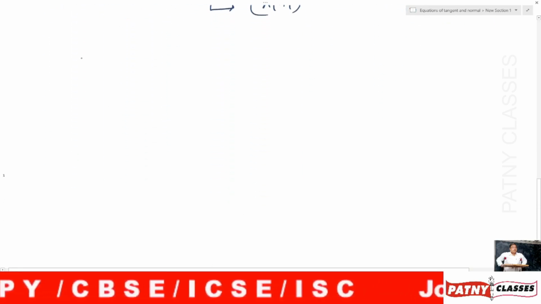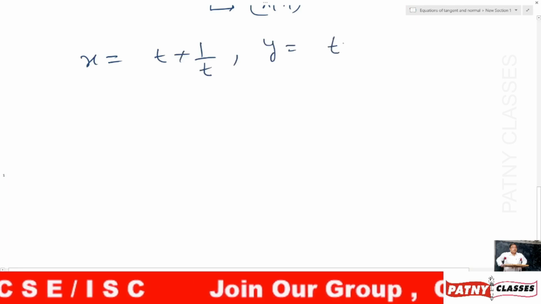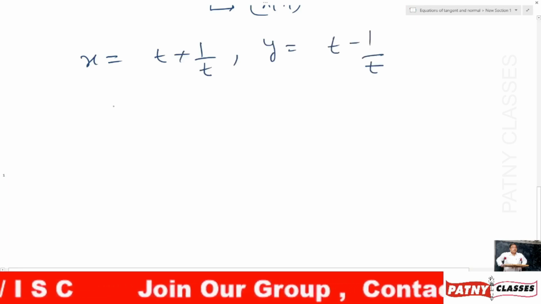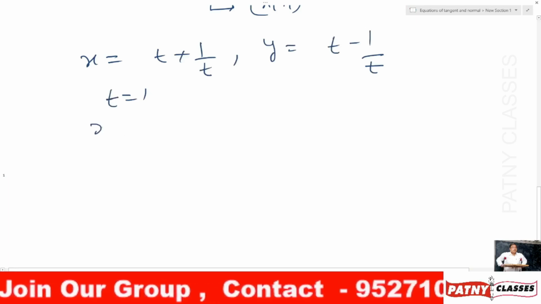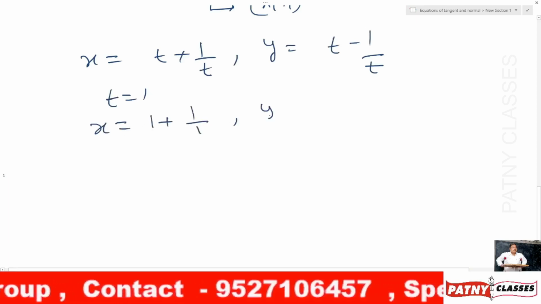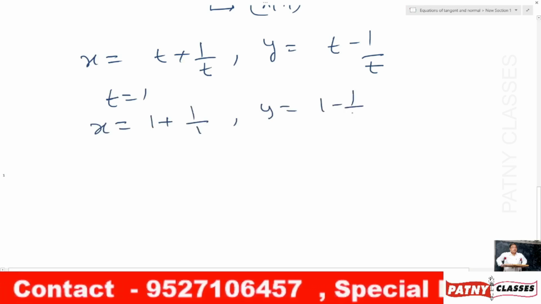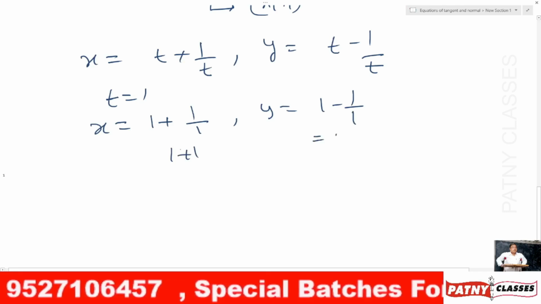We have x equals t plus 1 upon t, and y equals t minus 1 upon t. The parameter value t equals 1 is given to us. So putting the value of the parameter, y equals 1 minus 1 upon 1. So x becomes 1 plus 1, and y becomes 1 minus 1.